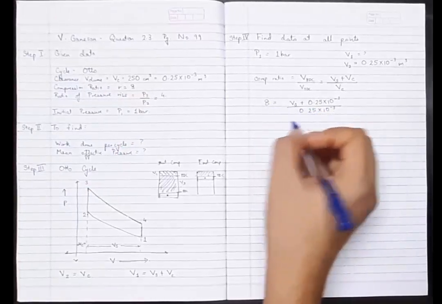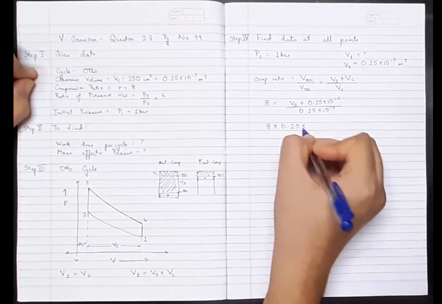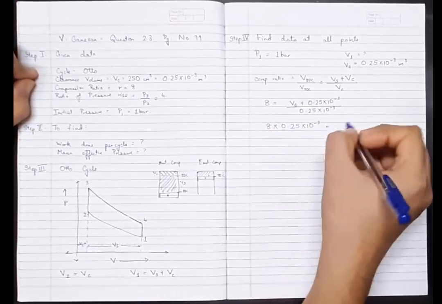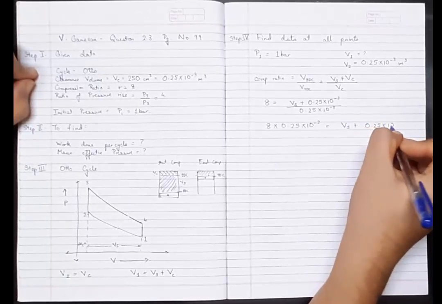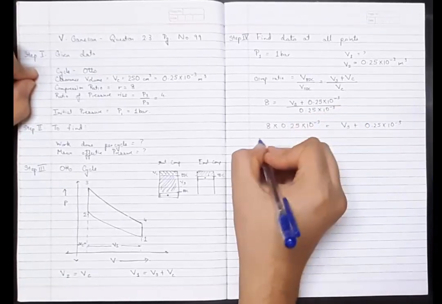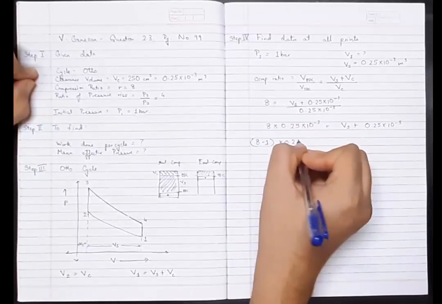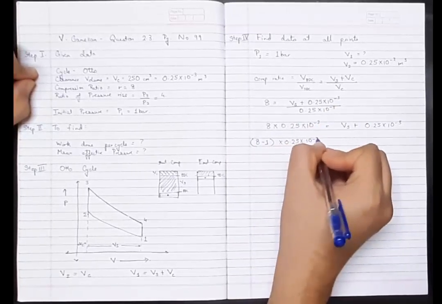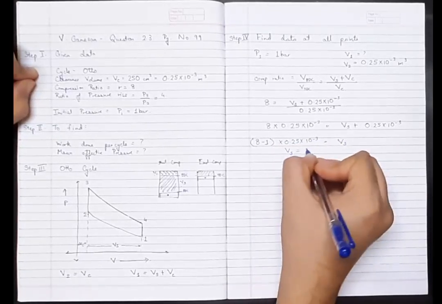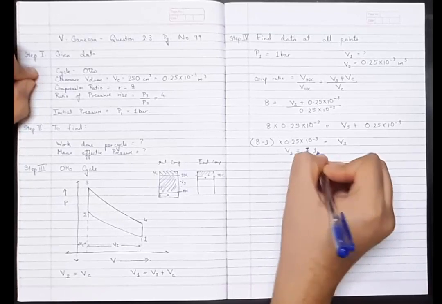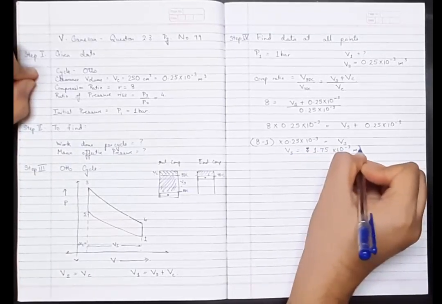Taking it over here, we get 8 into 0.25 into 10 raised to minus 3 is equal to Vs plus 0.25 into 10 raised to minus 3. Taking it over here, we get 8 minus 1 times 0.25 into 10 raised to minus 3 is equal to Vs. So Vs becomes 1.75 into 10 raised to minus 3 meter cube.